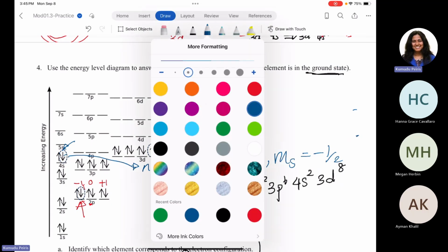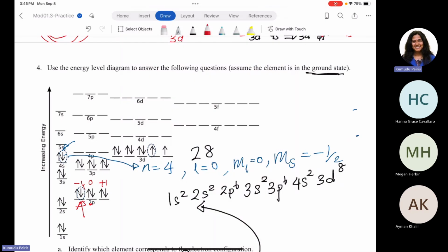Right. Now we'll look at this one. Again, principal quantum number. In which energy level is that? It is in the 3d, so n equals 3, the third energy level. Next, we'll look at the L. In which orbitals are those?